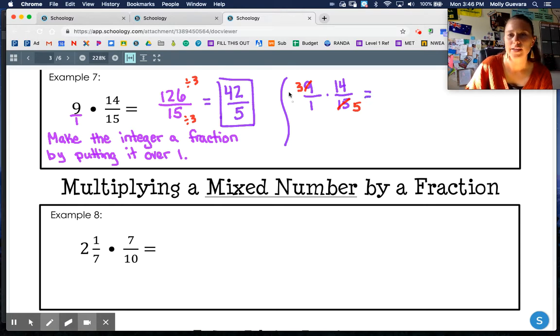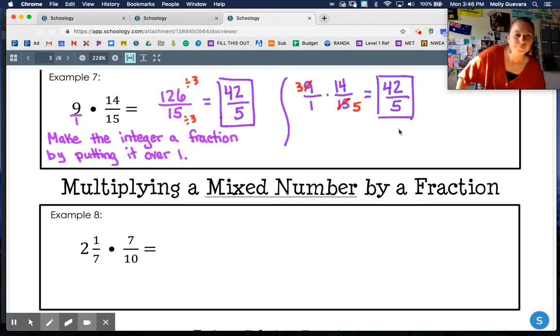So now I can just multiply 3 times 14, which is 42, and then 1 times 5 is 5. So again, either way, whichever way makes sense to you, that's the way you do. It does not have to be both ways. So just pick one, okay?